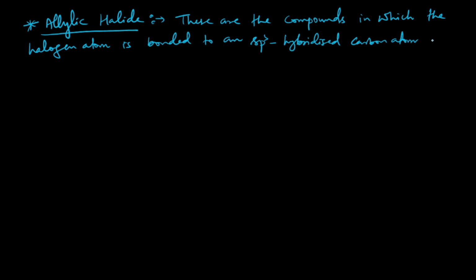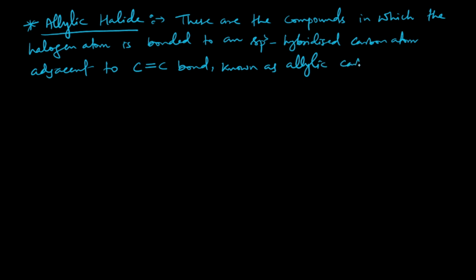The sp3 hybridized carbon atom must be adjacent to a carbon-carbon double bond, and this is also very important. That should be maintained. We call it the allylic carbon.